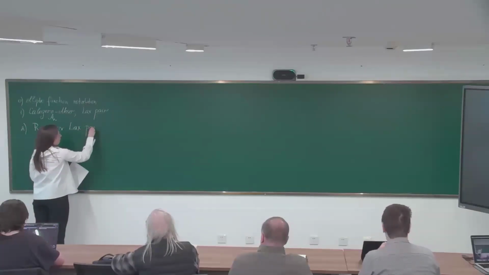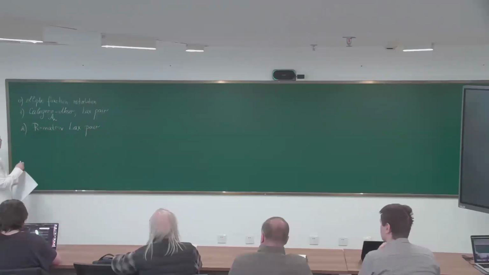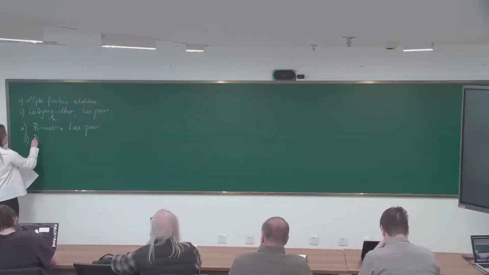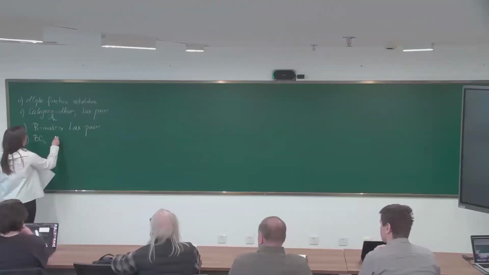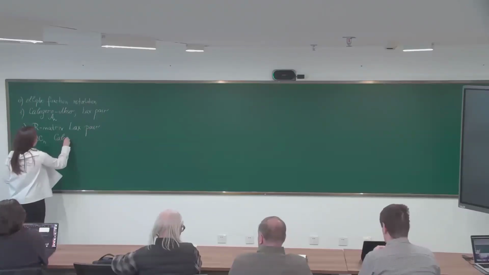It means that the elements of this Lax operator will be interpreted in terms of R matrices, Baxter-Belavin elliptic R matrices. Then I go to the BC type. This model is called Calogero-Inozemtsev model.